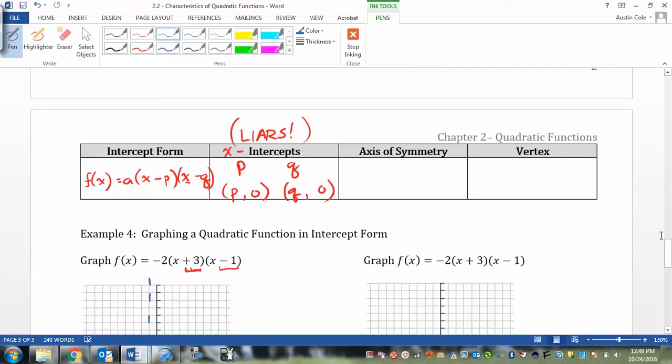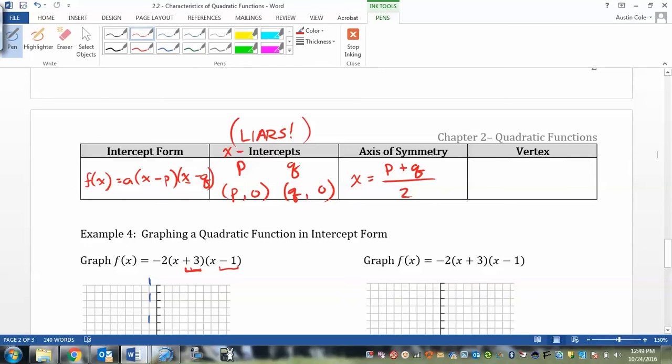Now we do have a mathematical way to figure that out. Our axis of symmetry is going to be x equals, guys, if I want to find the average age between Marcus and me, how do I do that? Add them together and divide by 2. That's what we're going to do with p and q. We're going to add them together, p plus q, and divide that by 2. So that tells us our axis of symmetry. It's going to be x equals that.